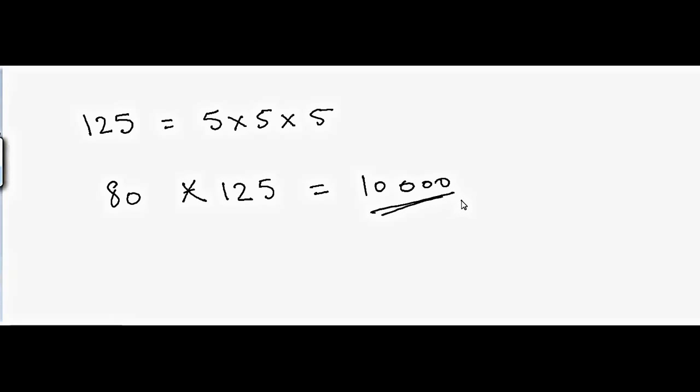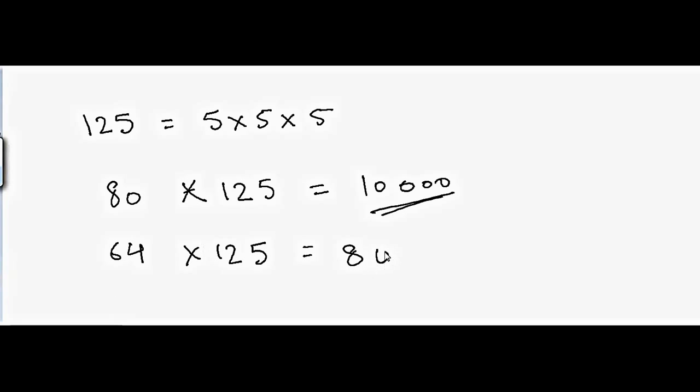Again, let's take another example. If I have 64, as we know that 8 into 8 is 64. In this case, if I multiply by 125, that will be equal to 8, because we divided 64 by 8, and then put 000 in the end.